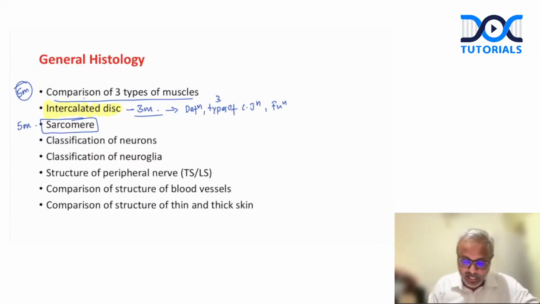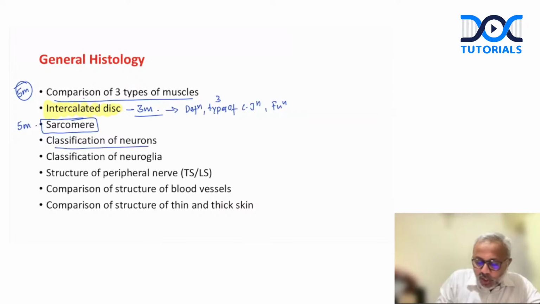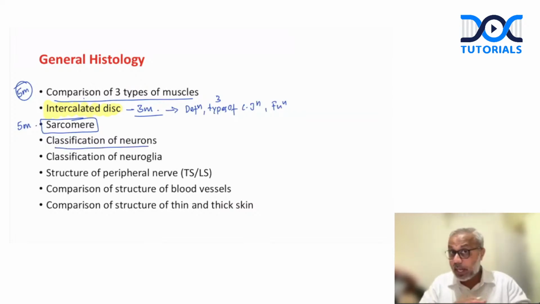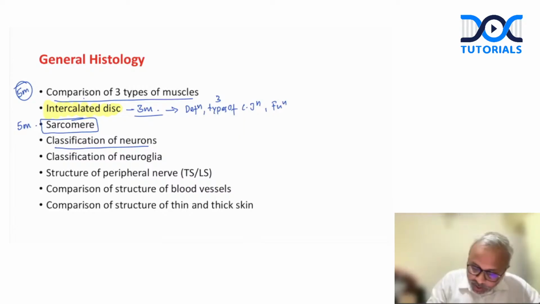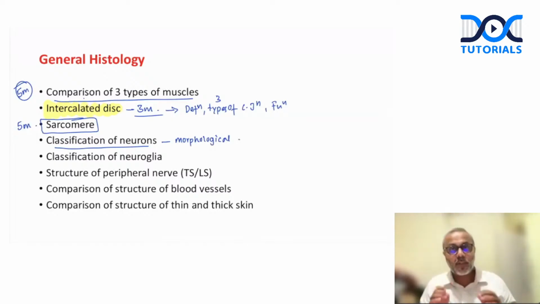Done? Right. Then classification of neurons. There are a number of ways in which we classify neurons, but I want each one of you to remember the morphological classification of neuron, where we divide or group the neuron based on the number of processes they have. Apolar, unipolar, pseudo-unipolar, bipolar, multipolar.